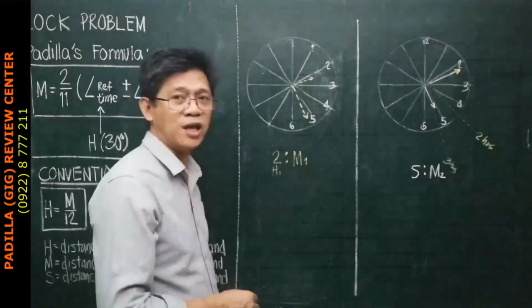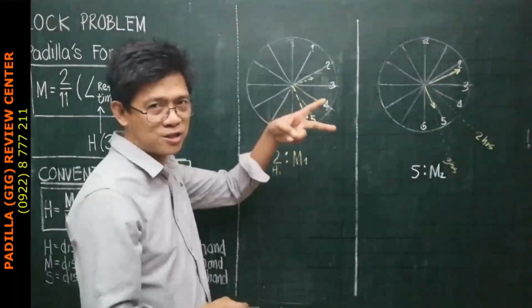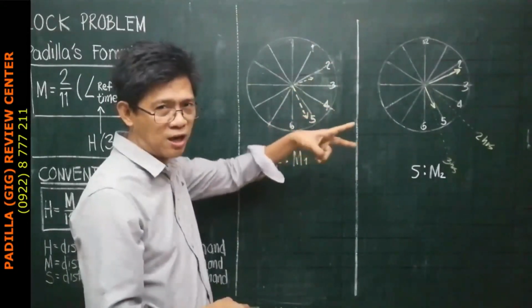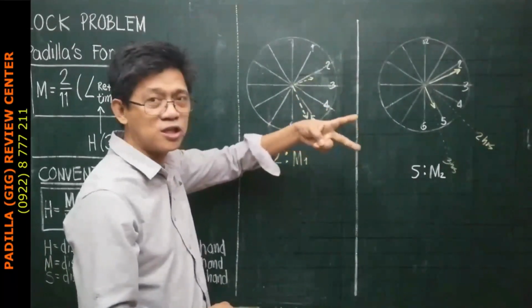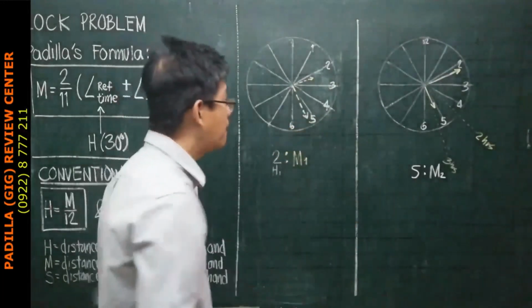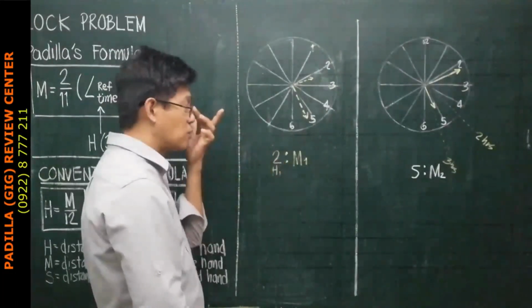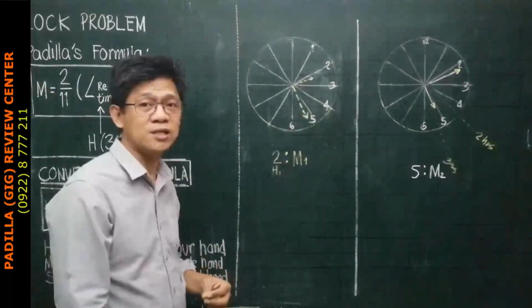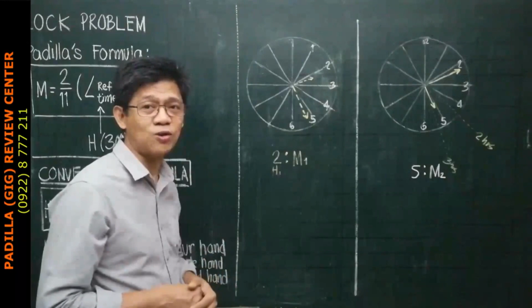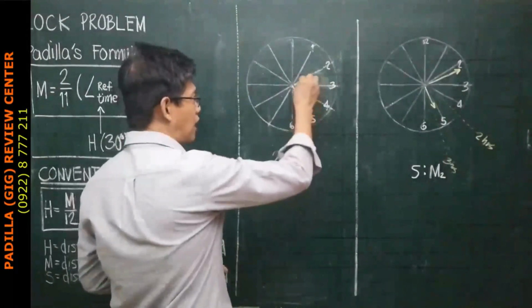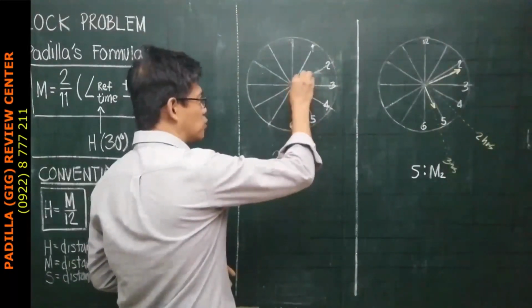Before I set up the key equation, let me re-establish the given condition that they are exactly interchanging position. Now, this is alas dos pasado. So, our reference time is alas dos eksakto. At 2 o'clock, the hour hand points to 2.